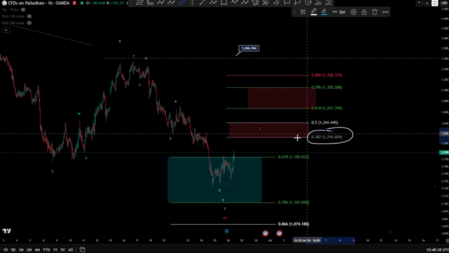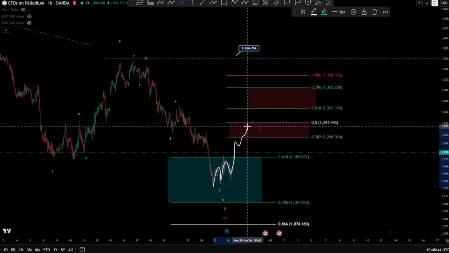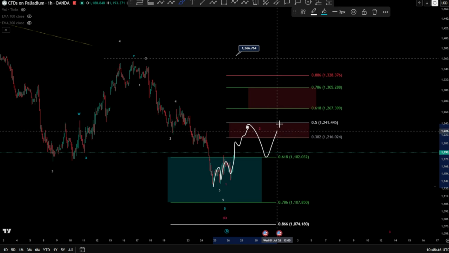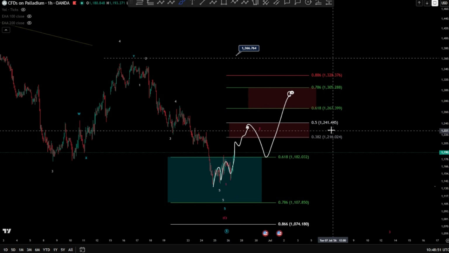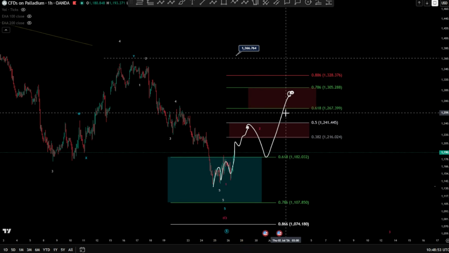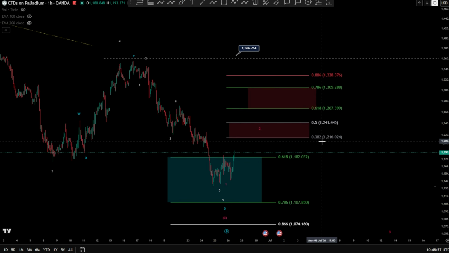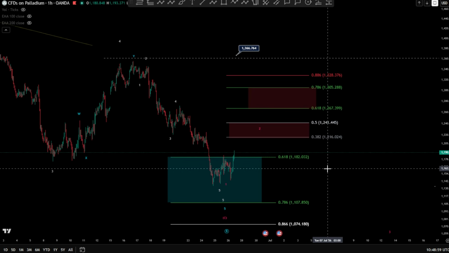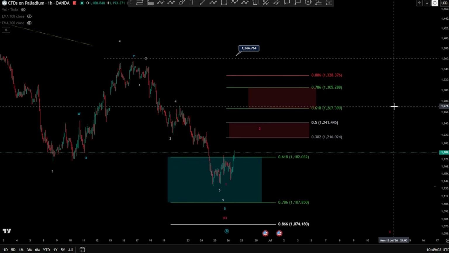We're looking for the 1,216, meaning an ABC or a 1, 2, 1, 2, 3, 4, 5, 4, 5. Can be a wave A, B, and even a deeper wave 2 going back to the next level. So expect, yes, higher prices for Palladium anyway, and at least to reach the $1,216 there. Yep, so that was it for the gold, silver, and Palladium for the daily analysis.